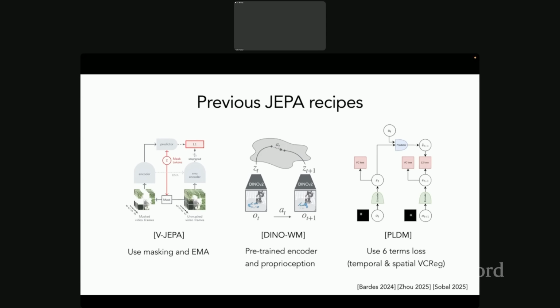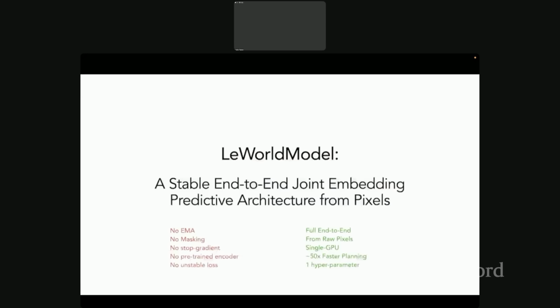Whatever, that's 5, plus you have the prediction of the future, the L2 minimization you see on the right. So your predictor tries to predict the future in the latent space, and you compare that with what your encoder says the future should be. Okay, and so it gives you a 6-term loss. So it's pretty difficult to tune that because you have 6 hyperparameters to tune, and that's why we propose LeWorldModel.